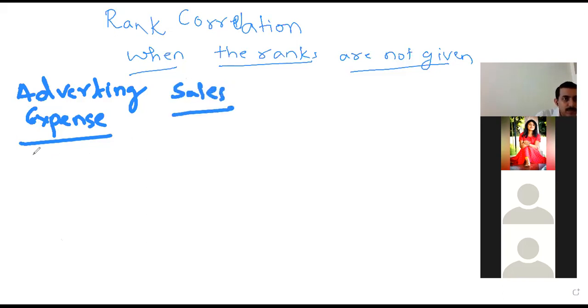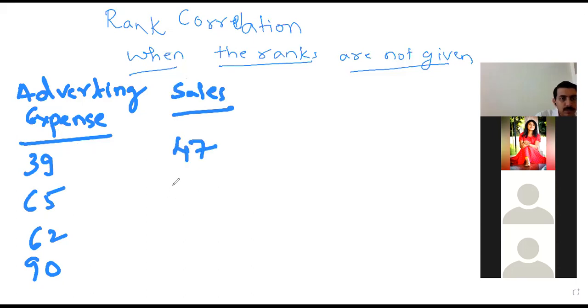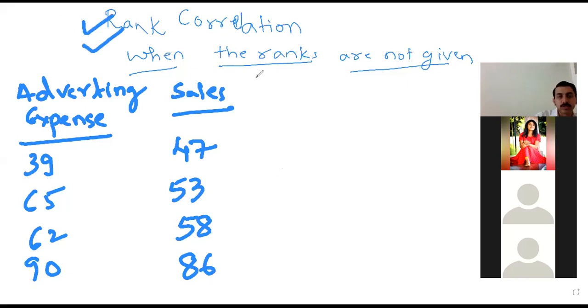The actual figures are given: advertising expense 39, 65, 62, and 90. Sales data is 53, 58, and 86. So these actual numbers are given. Now we are supposed to determine the rank correlation.